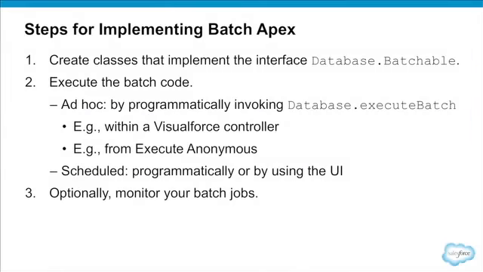So to implement it, there is a batchable interface that we would need to create a class and then implement. The way that we would execute it is either by explicitly doing a Database.executeBatch and then passing a reference to the class that we created, or you could create scheduled Apex and then schedule the batchable class that you created to execute.